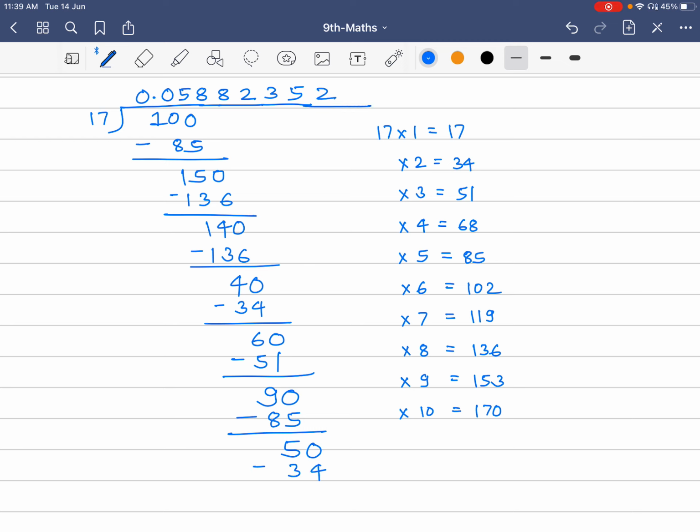So 17 twos are 34. Now the remainder is 16, and then we get 160. 160 will be 9, which is 153.